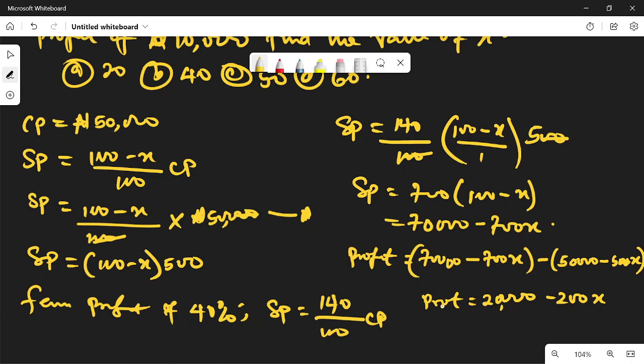So if that should be the case, the profit is 10,000 naira. You made a profit of 10,000 naira, right? So we have 10,000 equal to 20,000 minus 200x.